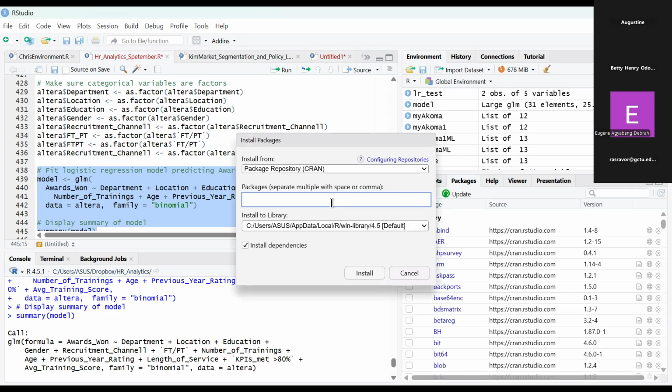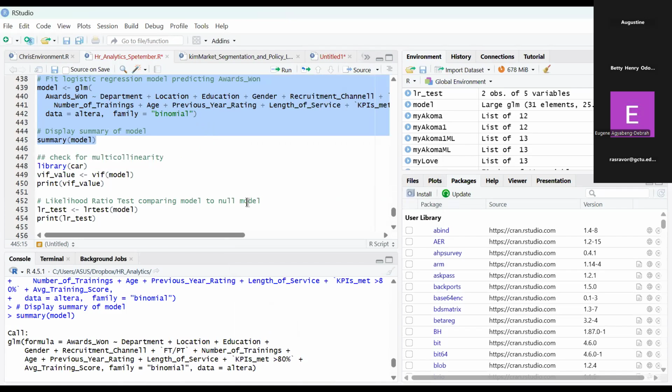So I think we need to install lmtest. It should also come with the car package. So if you have the car package, you shouldn't have a problem.